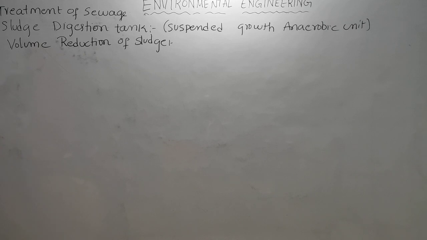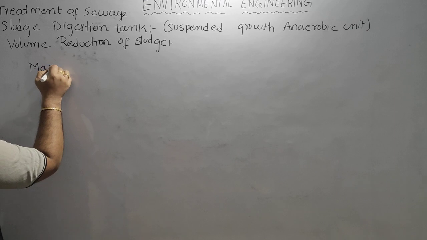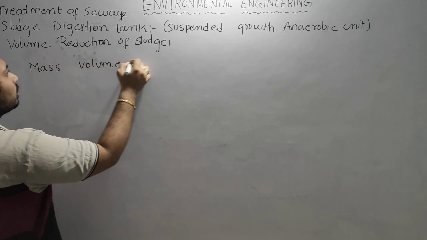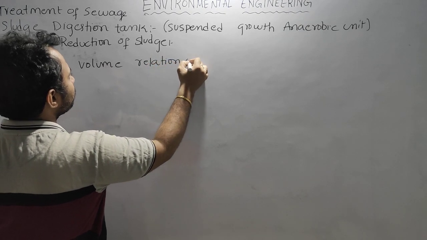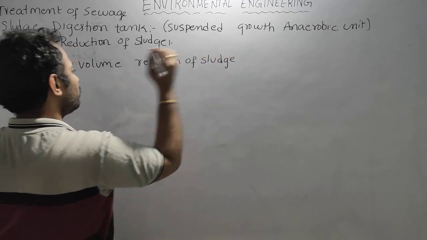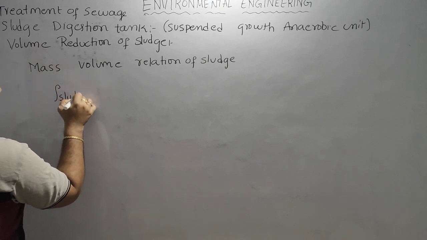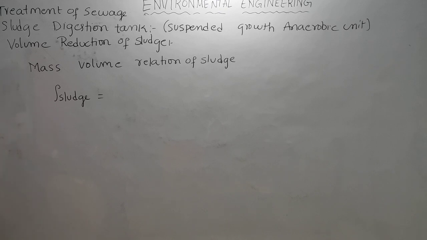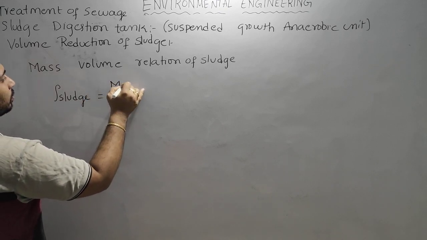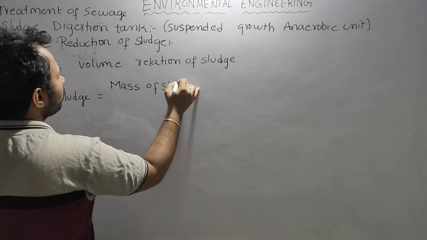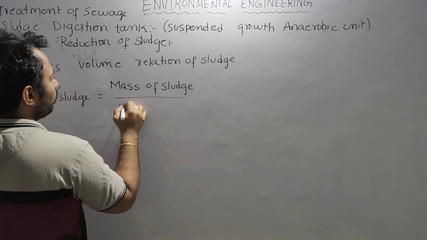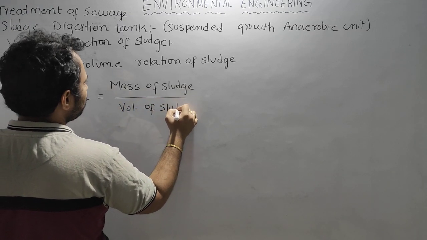Now, if you look at the mass-volume relationship of the sludge, the density of the sludge, rho of sludge, is equal to the mass of the sludge divided by the volume of the sludge.